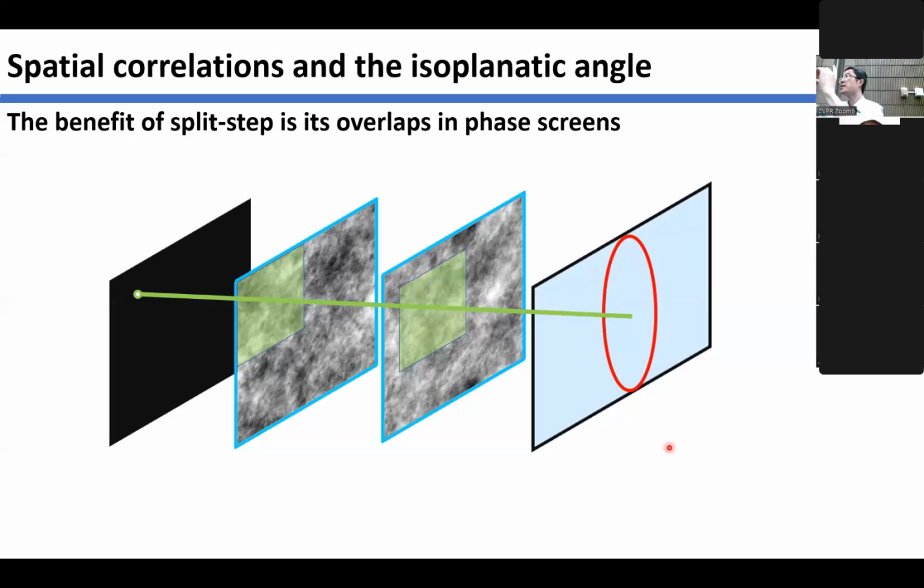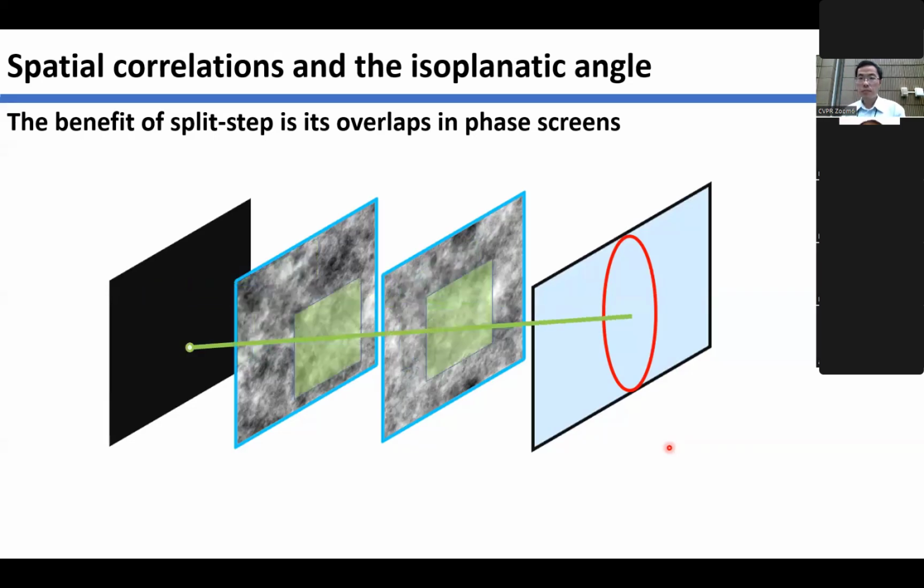That means if you think about those 2 circles, you have overlapped regions, and those random realizations are shared by the 2 points. So if the 2 points are very close, then you overlap more, and you have more correlation. 2 points that are really far away don't overlap, so you don't have correlation. So that kind of spatial correlation is maintained by split-step propagation. And therefore, you really need to propagate. That's taking you a lot of time.